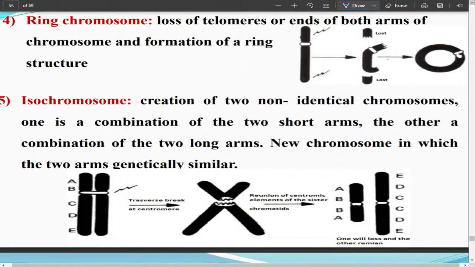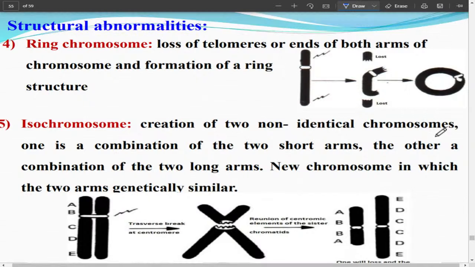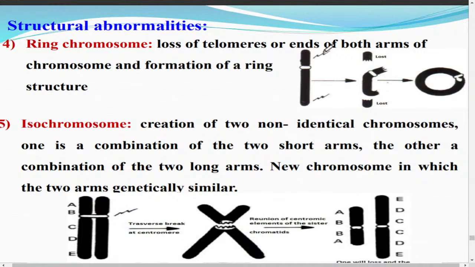More structural abnormalities are within the ring chromosome, which is a loss of telomeres or ends of both arms of the chromosome and formation of a ring structure.